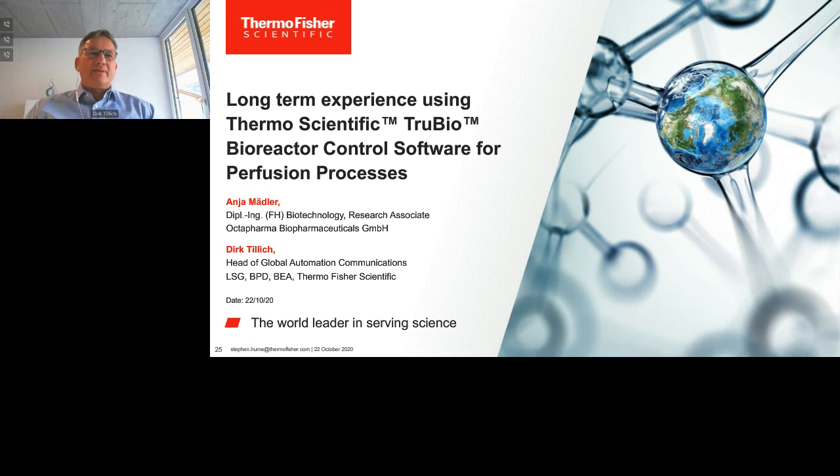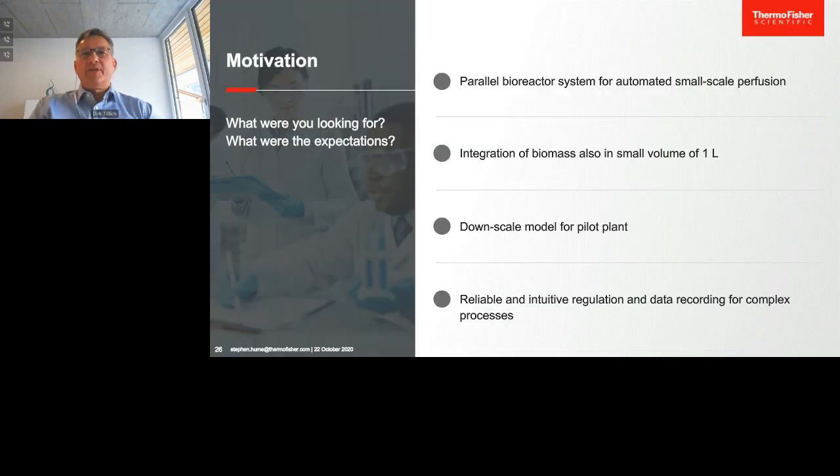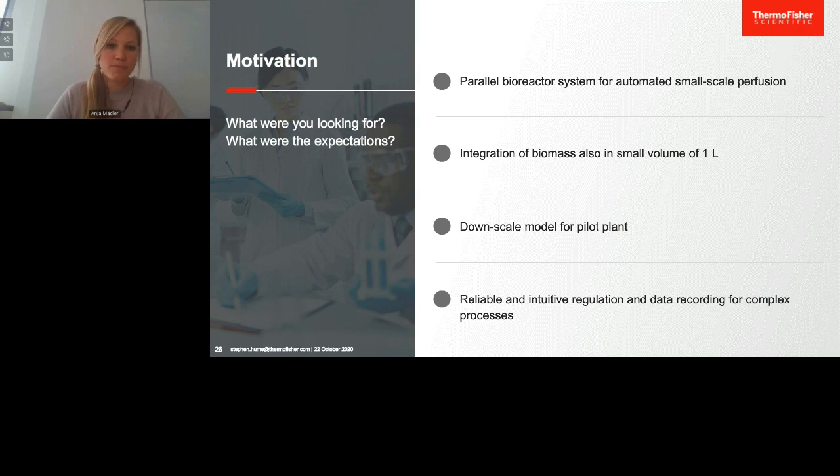So we met in 2015 at Achema, and I'm just interested: why were you interested in our bioreactor control system? What were you looking for, and what were the expectations? So we planned to get a new 4-fold parallel bioreactor system by that time.